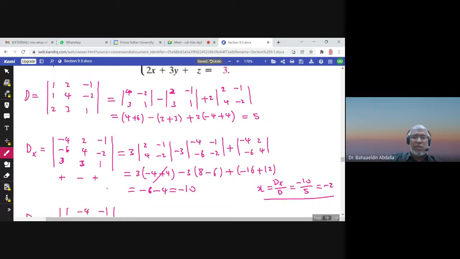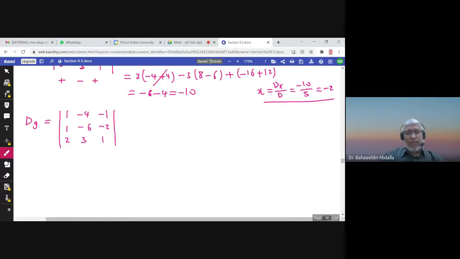So this is Dy. Let me choose the first row. Okay, the signs for the first row: positive, negative, positive. So the first row is positive 1, so I'm not going to write it. Delete the row and the column.